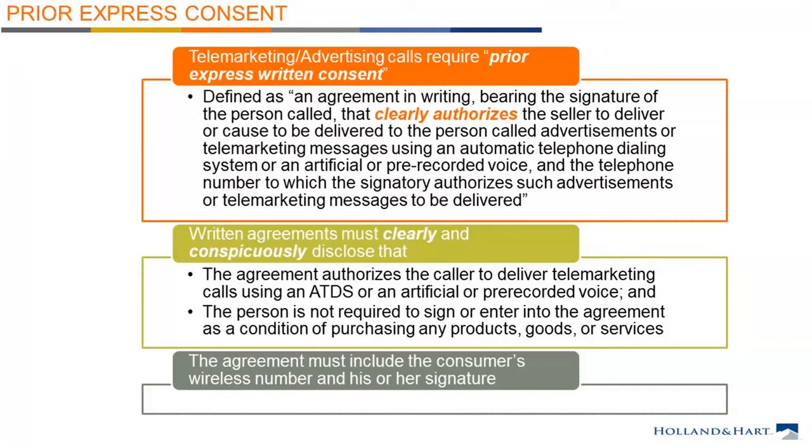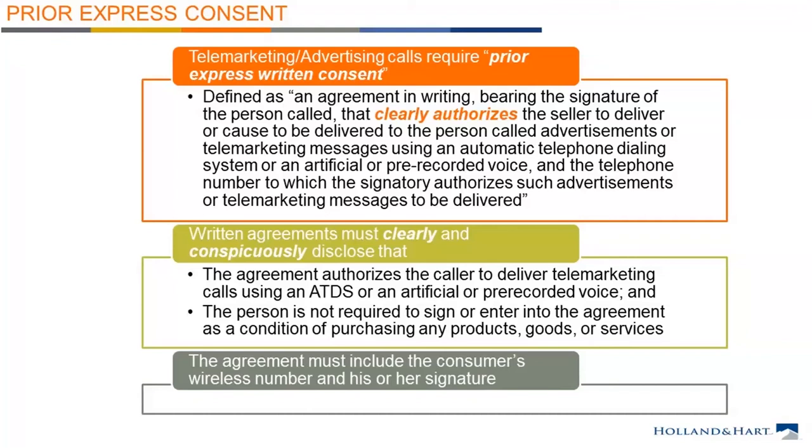And a little bit more about that, the FCC has said that written agreements must be clearly and conspicuously put forth and must disclose clearly and conspicuously that the agreement authorizes a caller to deliver telemarketing calls using an auto dialer or artificial or pre-recorded voice, and that the person is not required to agree as a condition of receiving goods and services.